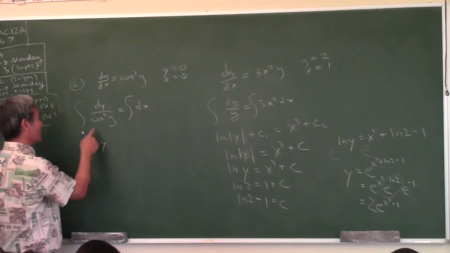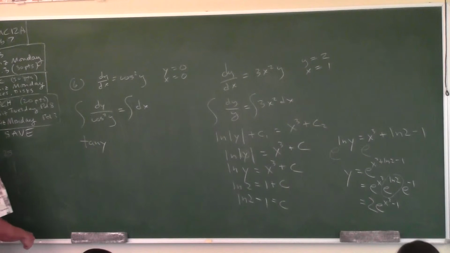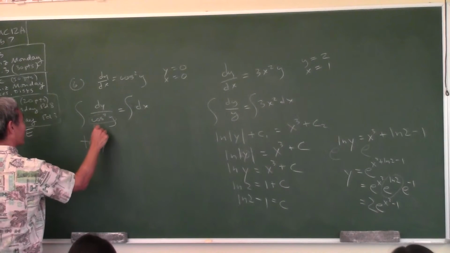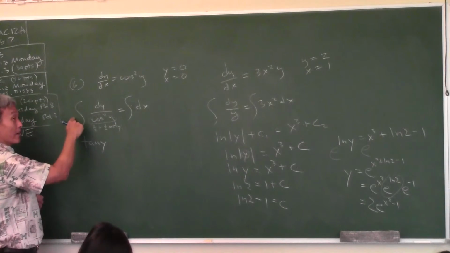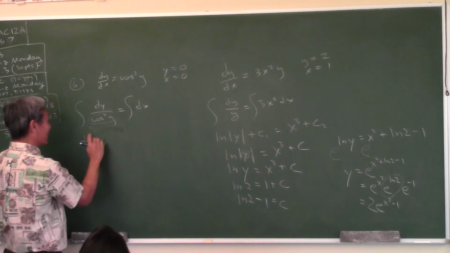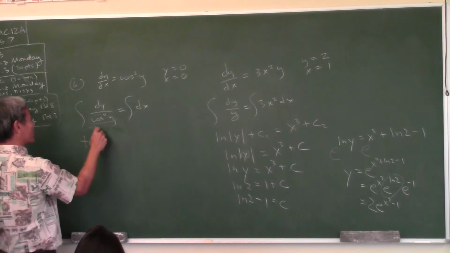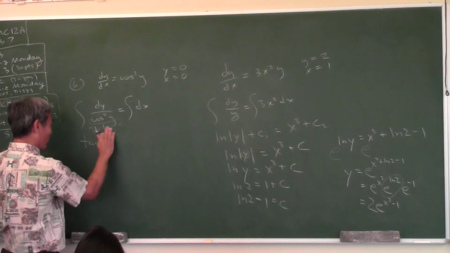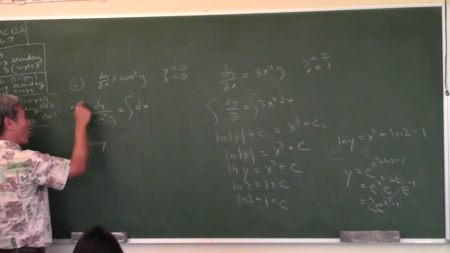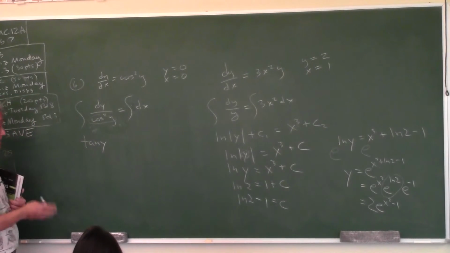A lot of people, you know what the other class said? Change this to 1/2 plus 1/2 cosine 2y. No, if it's in the numerator you do it, but not in the denominator. And then some people said, oh, natural log absolute value of cosine squared y. That's a double no. Just because it's 1 over, that doesn't mean it's natural log.